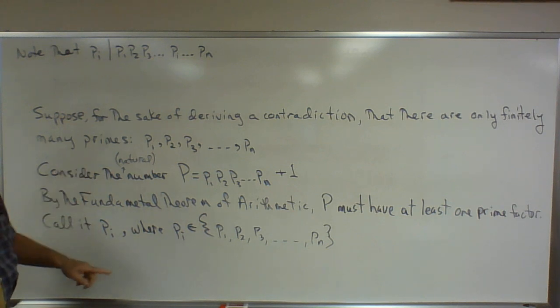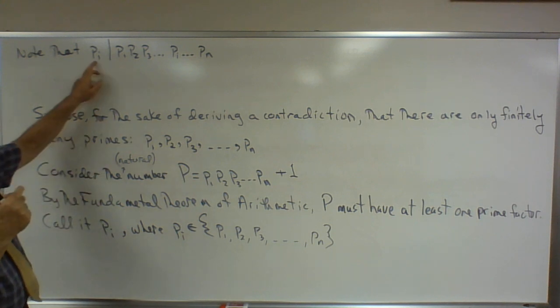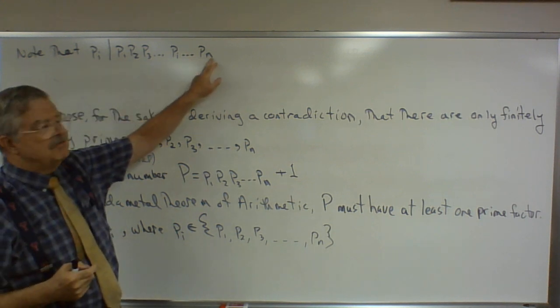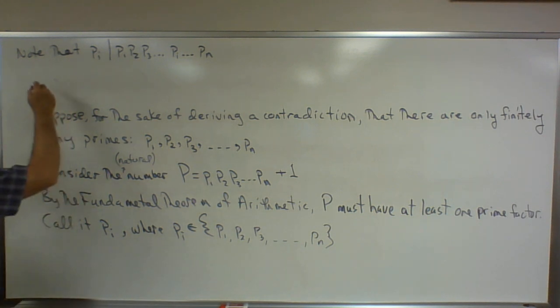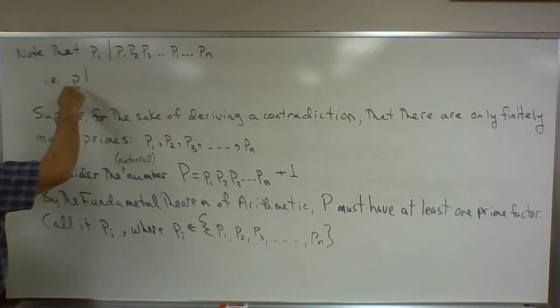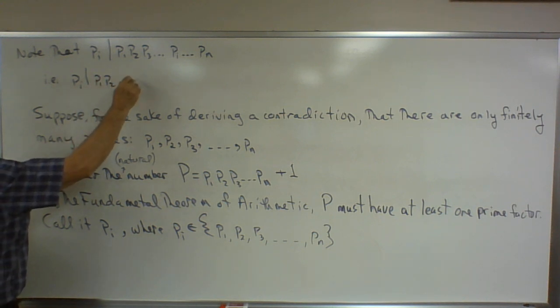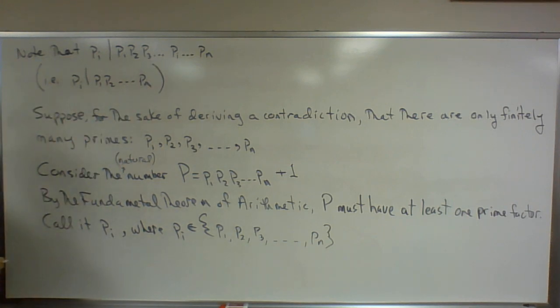P sub i is one of these prime numbers, and so P sub i has to divide the product of all of these prime numbers. Okay. So let's see where we're at now.